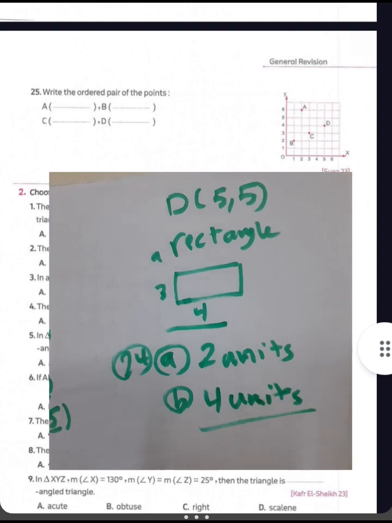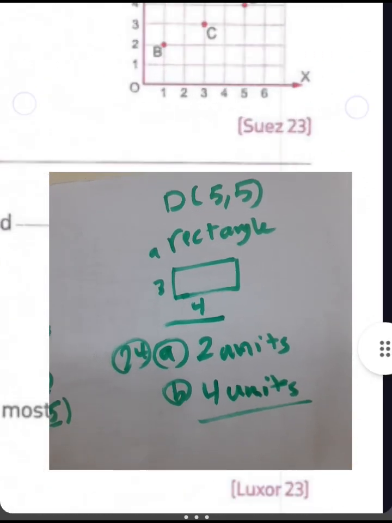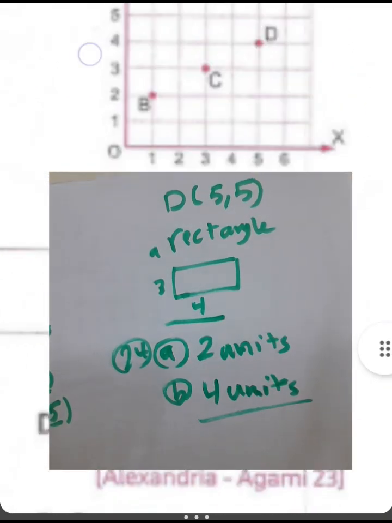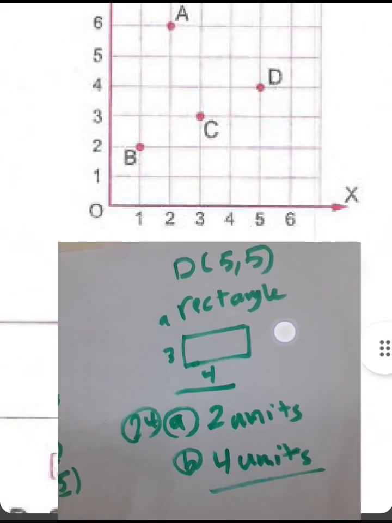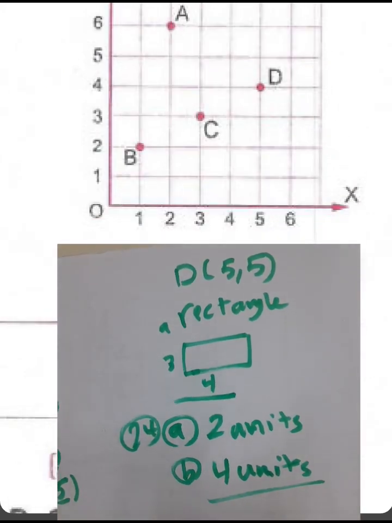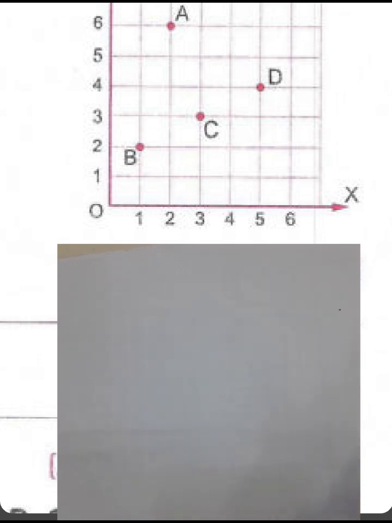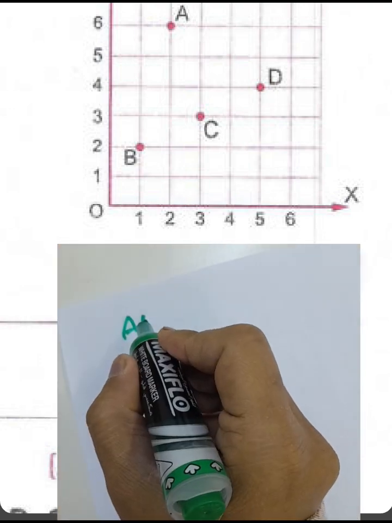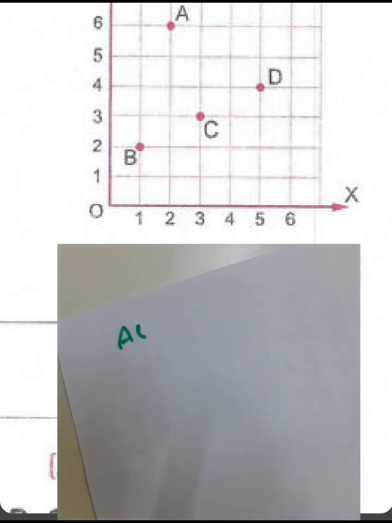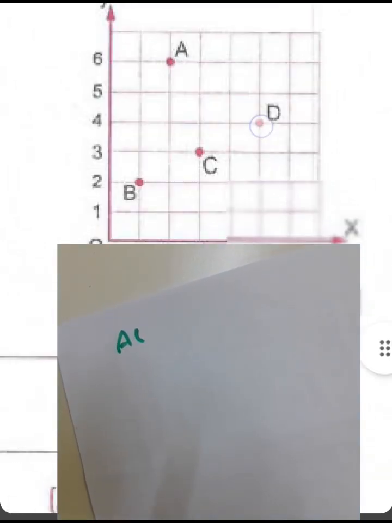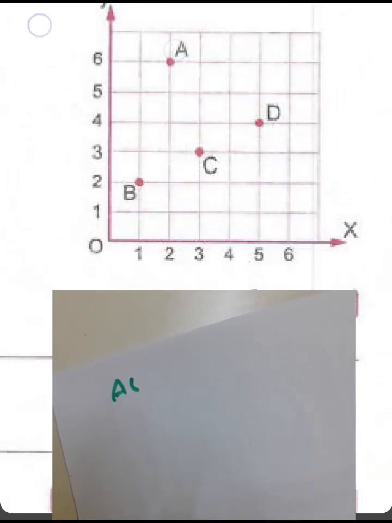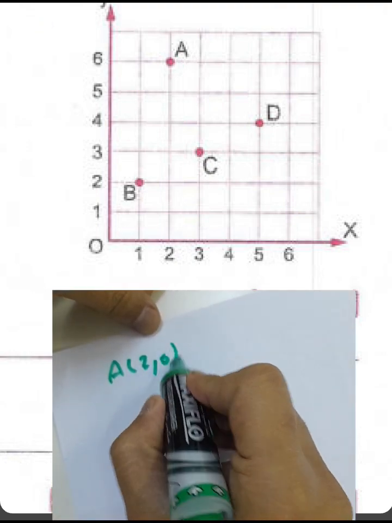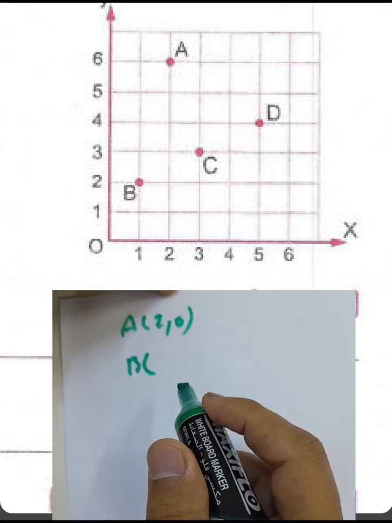Question 25, we want to find the coordinates of points A, B, C, and D from the graph here. We can write the order of the points. First point, A, starts from 2 and ends at 6, so A is (2, 6). And what about point B?